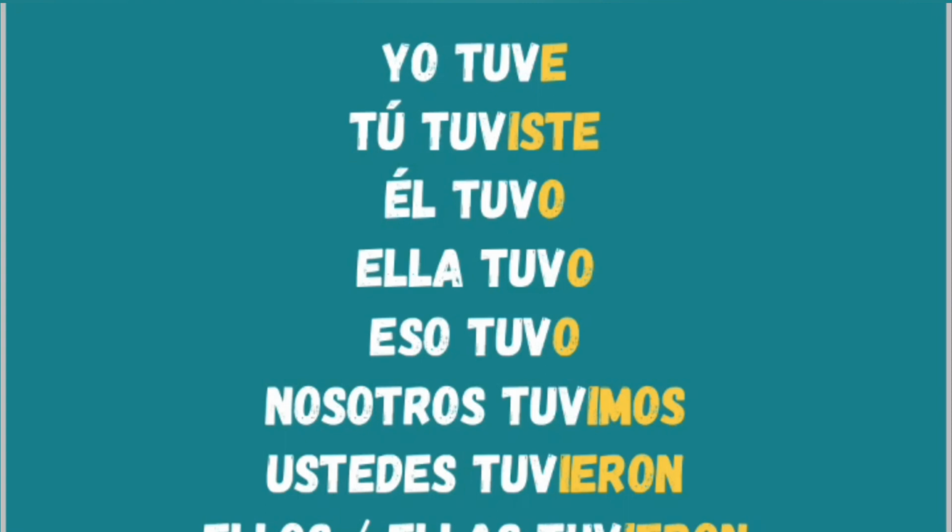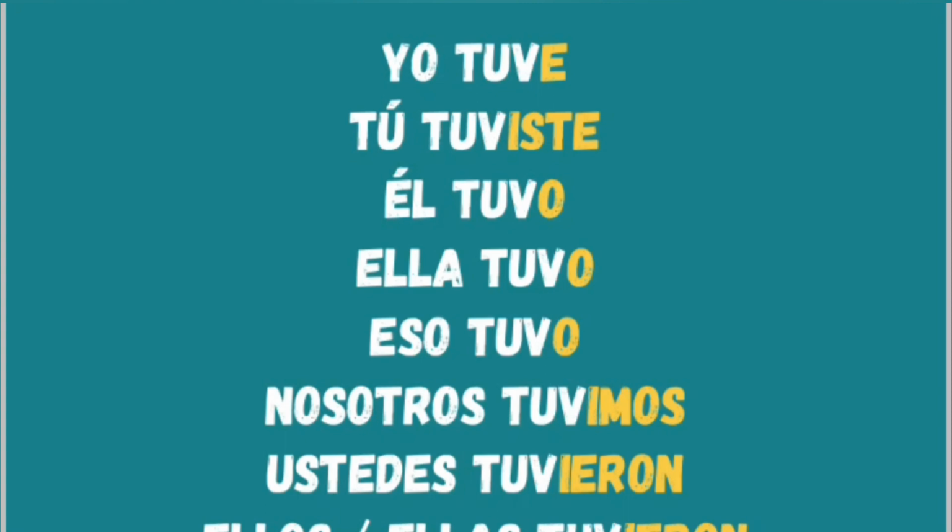Tú tuviste. Now, if you want to say he had, in Spanish you have to say él tuvo. Él tuvo. Okay? If you want to say she had, in Spanish you have to say ella tuvo. Ella tuvo. If you want to say it had, in Spanish you have to say eso tuvo.